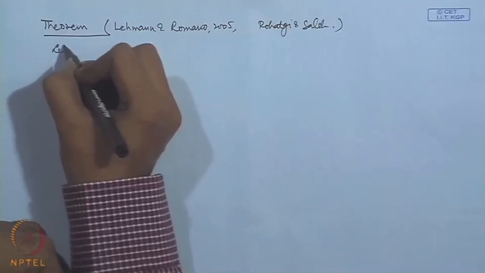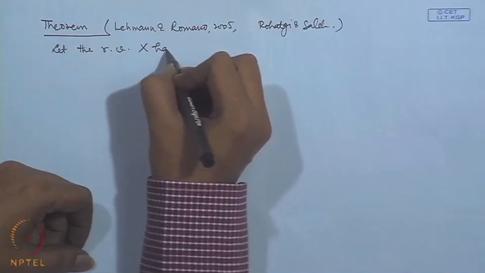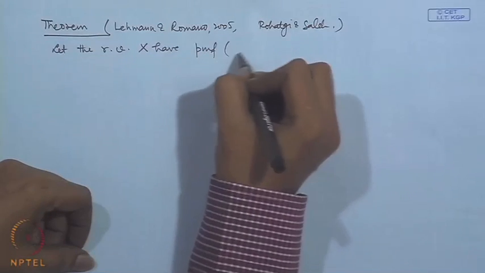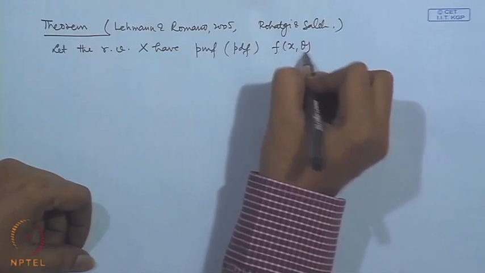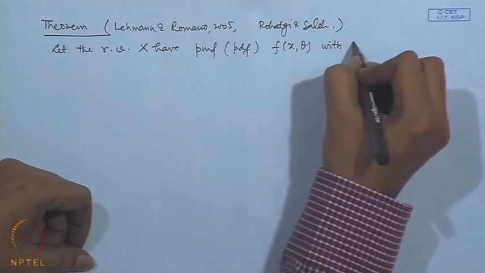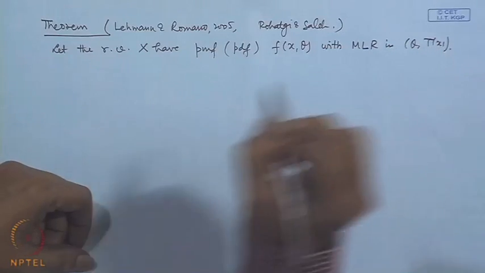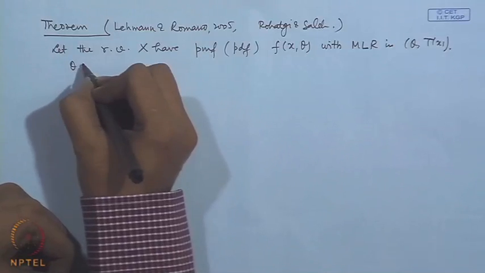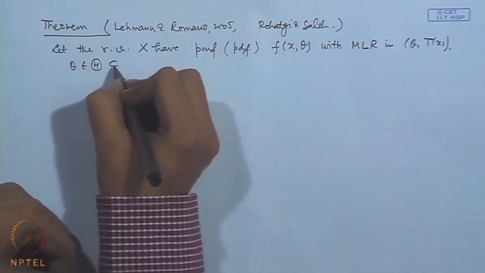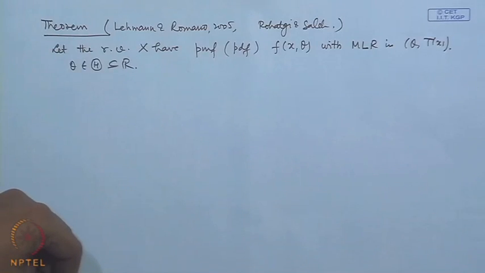Let the random variable x have probability mass function or probability density function, say f x theta, with monotone likelihood ratio in T x. And of course, here theta is a real parameter, theta belongs to Theta, which is a subset of the real line.